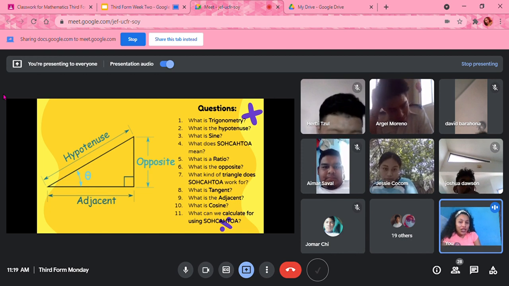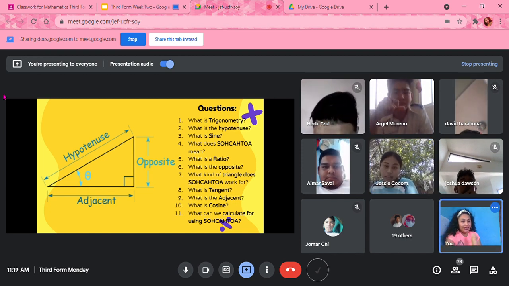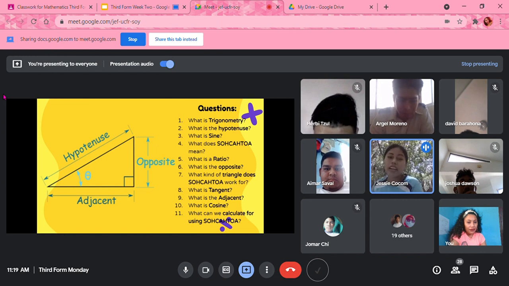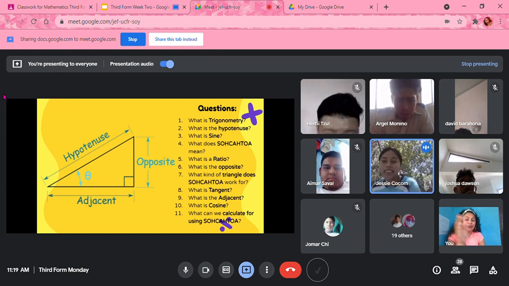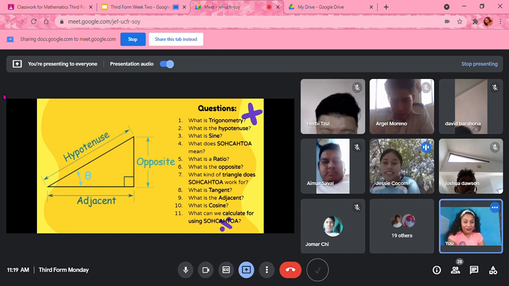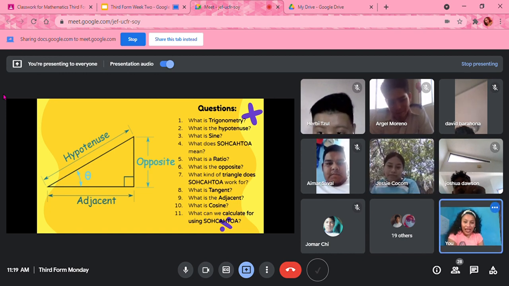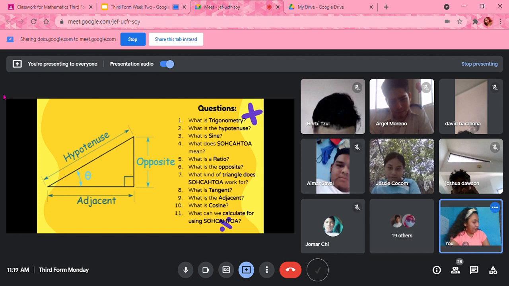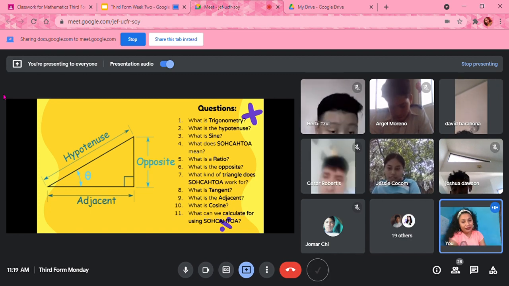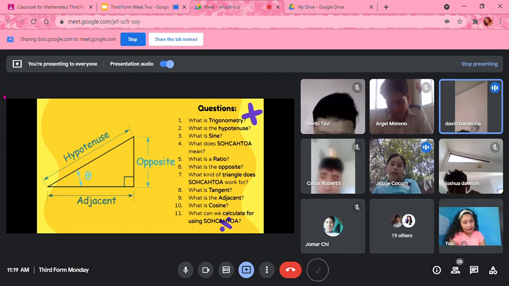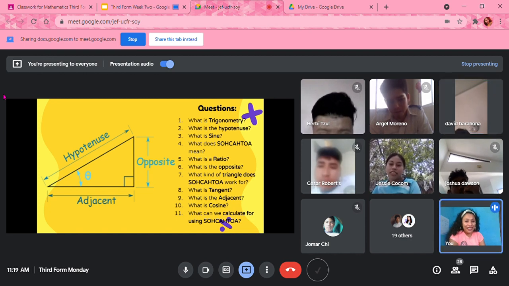How do I know that that side is the adjacent? It's like under the theta, miss. It's right beside the theta. What is the formula for cosine? Adjacent over hypotenuse. Very good.